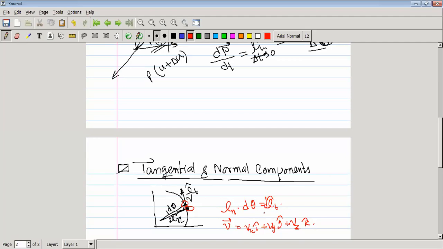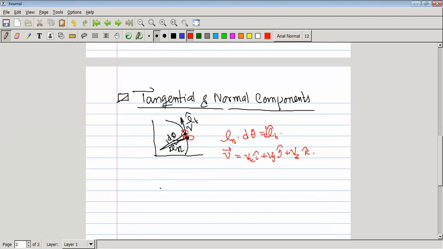Okay, if it is like that, then we can write that v, a vector, is nothing but v, the magnitude of that vector, into unit vector et. That is called the tangential component, which is along the direction of velocity. Similarly, if it is v and et unit vector, then acceleration is dv vector by dt, right?